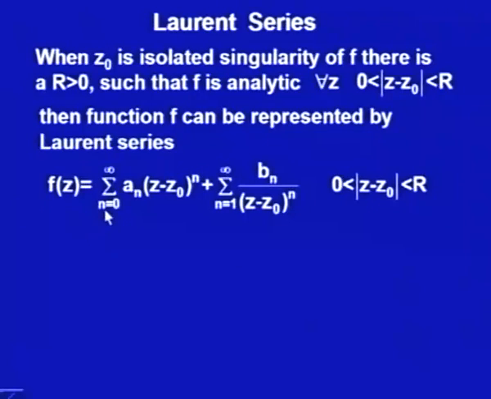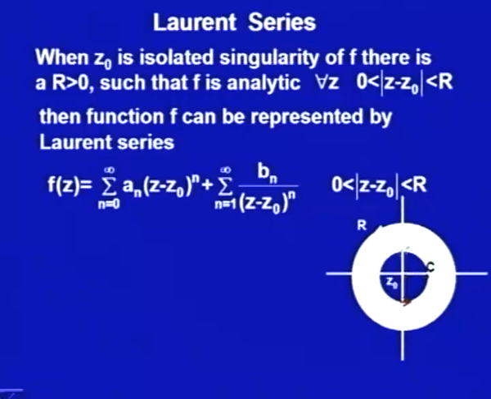What we are saying is, if f of z is analytic, it can be represented by a Taylor series or power series. If it has an isolated singularity at z naught, then in the disk we could write it as a Laurent series. Laurent series has two kinds of terms. One is the power series terms, another is the terms where we have b upon z minus z naught to the power n.